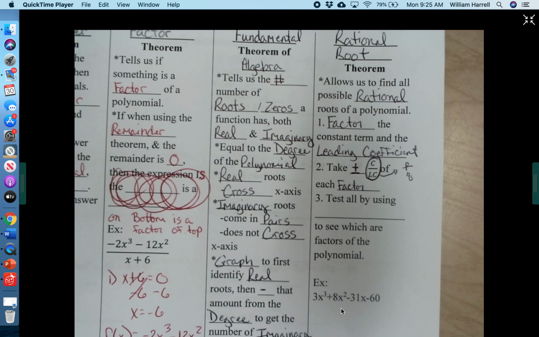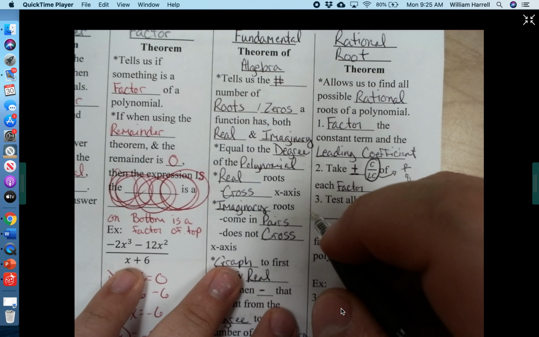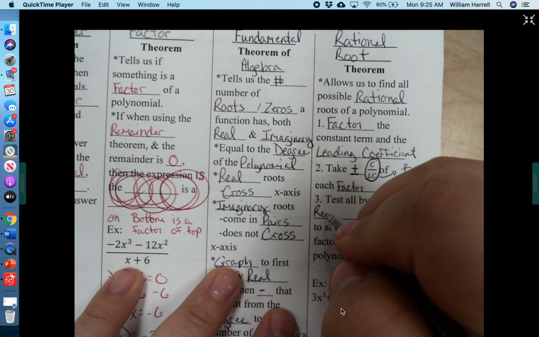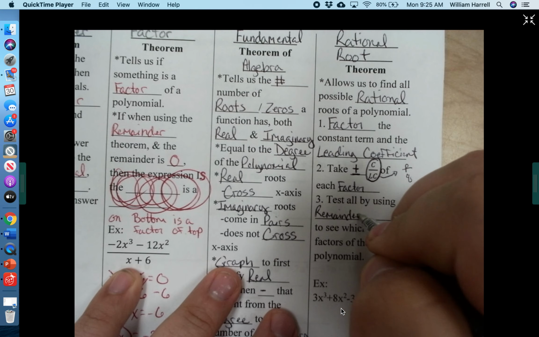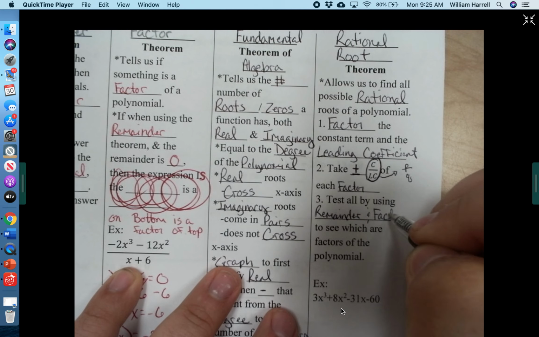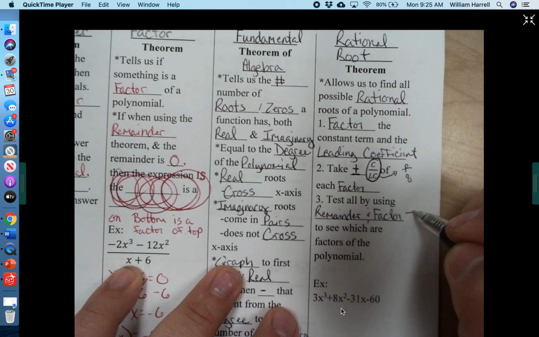Again, our result, our verification, is then used by which theorem? Good, the factor theorem. Okay, and we can verify by whether our remainder is equal to 0 or not. If, when we plug that particular value into our polynomial, it comes out 0, we're good, it's a factor. If not, then it's not a factor. Okay, so test all by using the remainder and factor theorem.